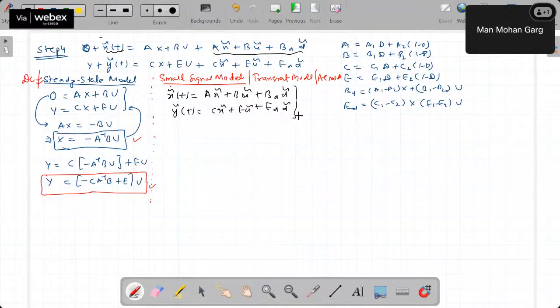We determine the transfer functions, various transfer functions. While determining transfer functions, what we need to do is take the Laplace transform of this. You know the basic definition of a transfer function is the ratio of the Laplace transform of output to the Laplace transform of input with initial conditions zero. That is very important for transfer functions, and that is the reason we go for modern control, because the transfer function does not take care of the initial conditions.